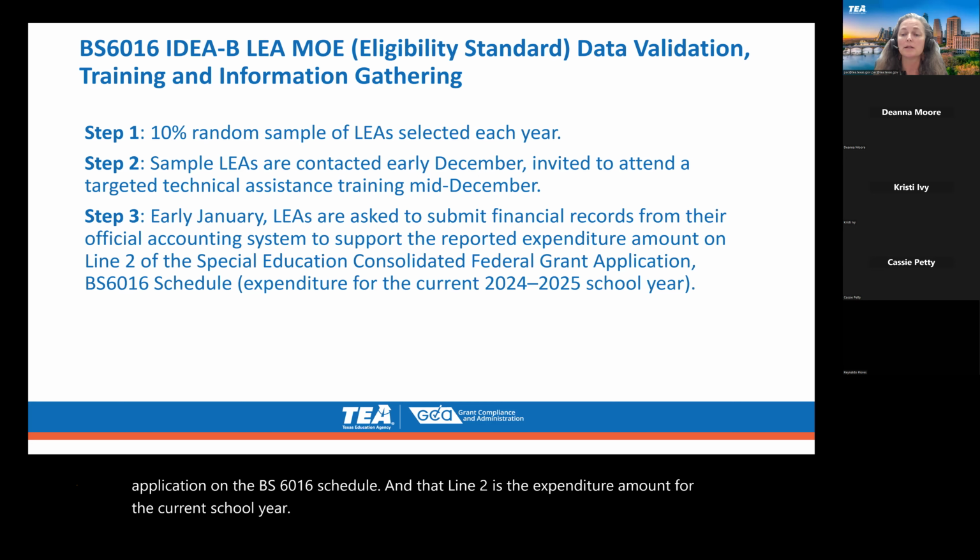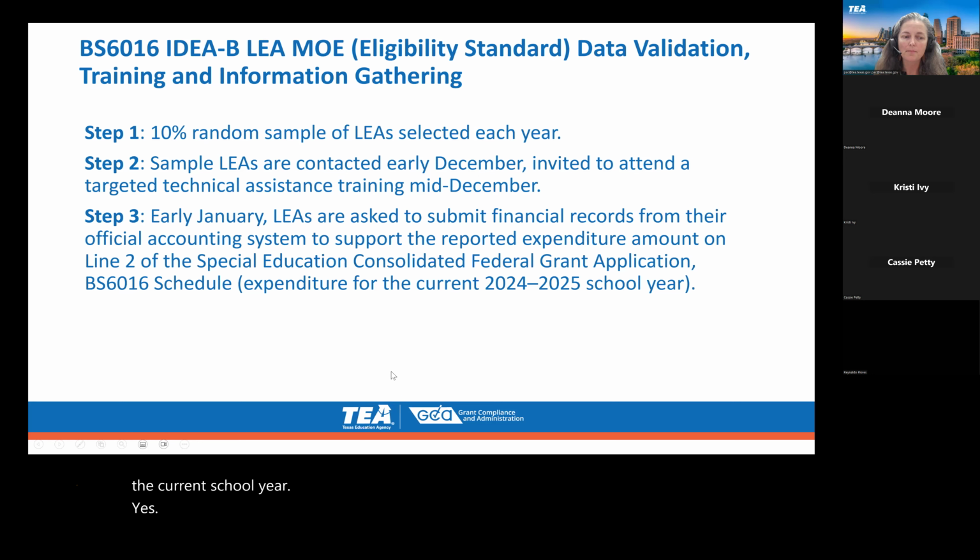Question for you. You just said a second ago that the MOE comes from what was spent last year, but we only have the certification of MOE amounts from 22-23. So are we supposed to go off of last year or the last certification amount? It would be the last year in which you were in MOE compliance.